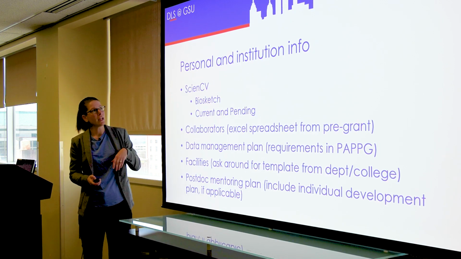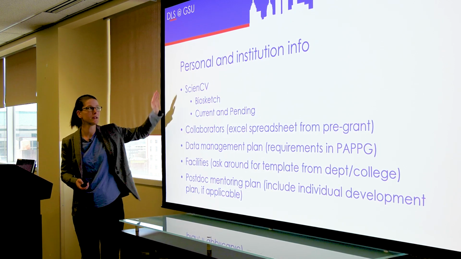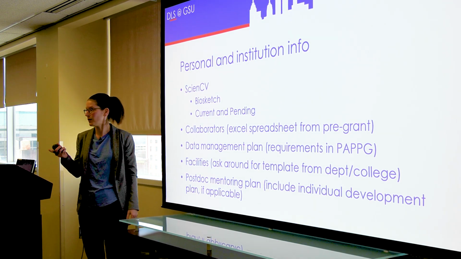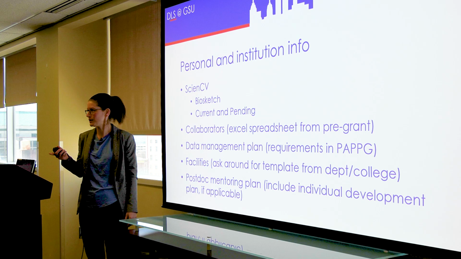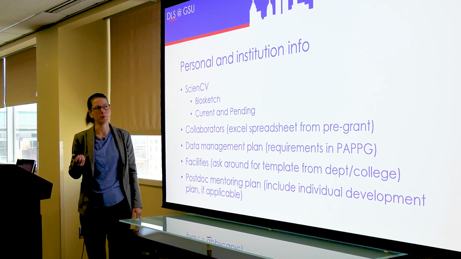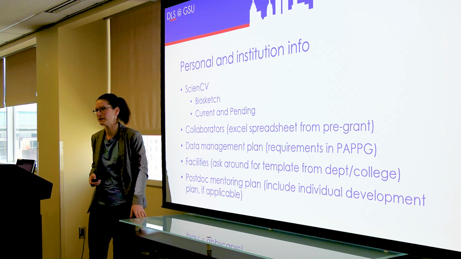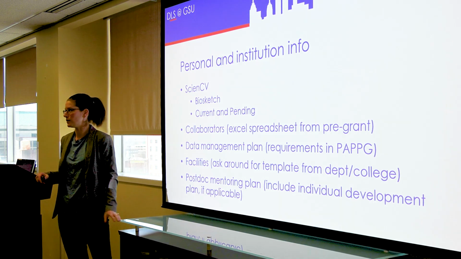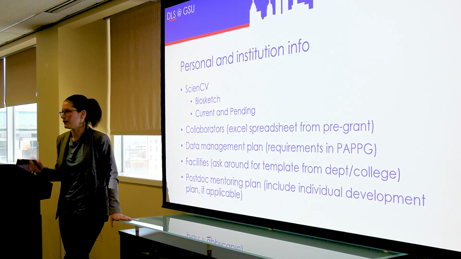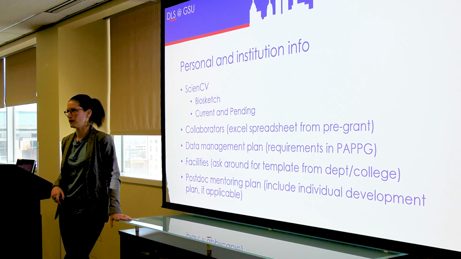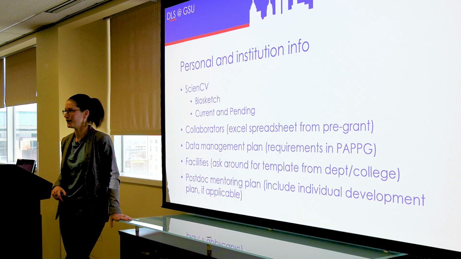All right, personal and institutional info. Science CV, I would recommend, even if it wasn't going to be required in the near future. So I think in October, it's going to be required that you use Science CV for your BioSketch and current and pending. But it's just a website that you go to and you enter your information and it spits out the appropriately formatted version, which is way better than trying to format it yourself.